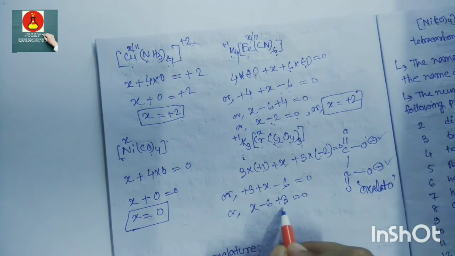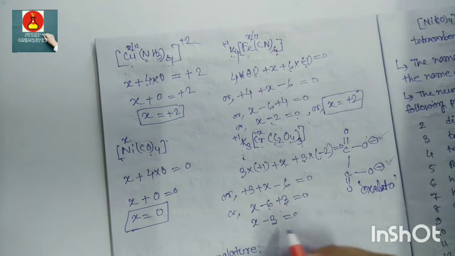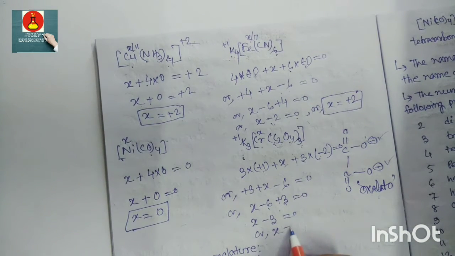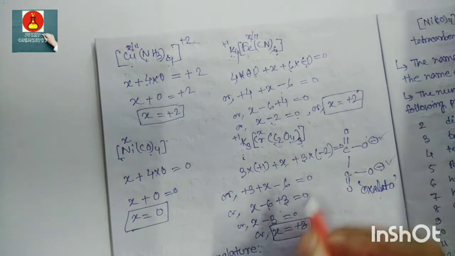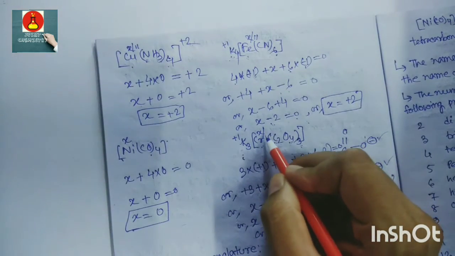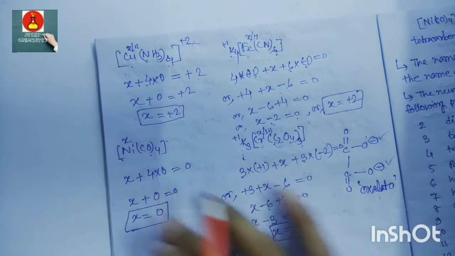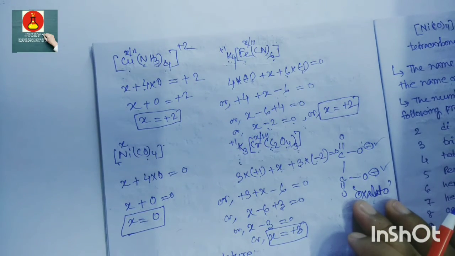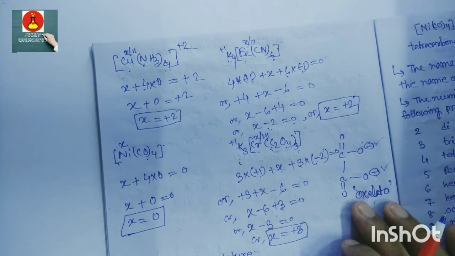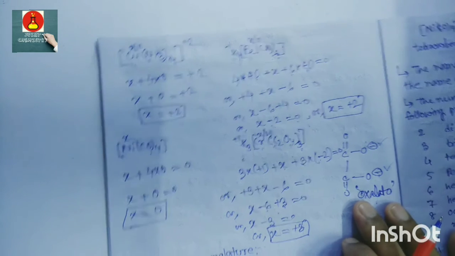If we do this math, we get x minus 3 is equal to 0, or x is equal to plus 3, right? So the charge of this chromium is 3. This way we can calculate all the charges of metal.